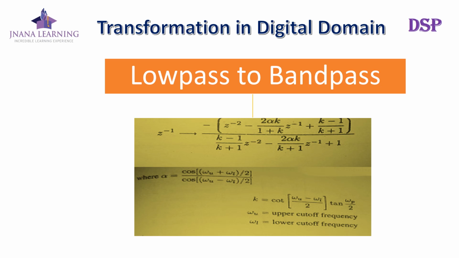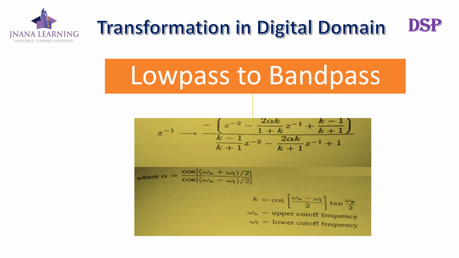Next one is the transformation from low pass to band pass. Here the transformation is Z inverse equal to minus (Z raised to minus 2 minus 2 alpha k by (k plus 1) Z raised to minus 1 plus (k minus 1) by (k plus 1)), and in the denominator (k minus 1) by (k plus 1) Z raised to minus 2 minus 2 alpha k by (k plus 1) Z raised to minus 1 plus 1.